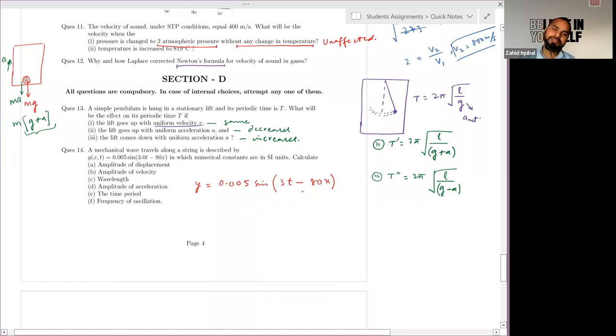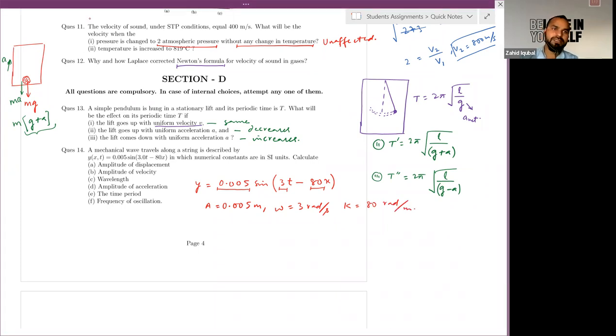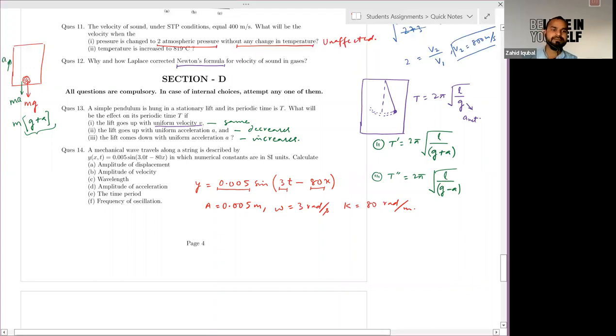If you compare this expression to the actual expression of a wave, you will say this is the amplitude, the coefficient of t is omega, and the coefficient of x is k. So we have amplitude equal to 0.005 meter, omega equal to 3 radian per second, and angular wave number 80 radian per meter. So this is the given part from this question.